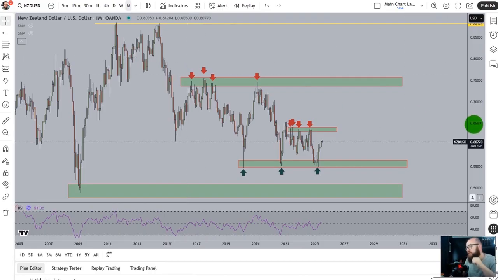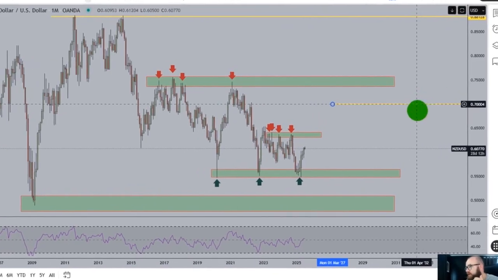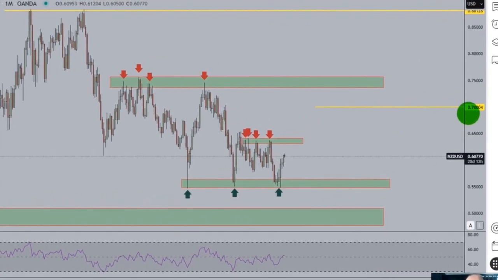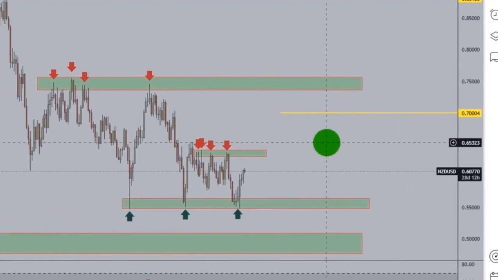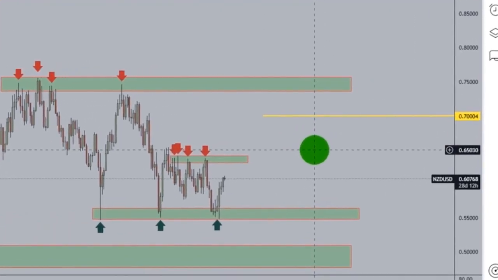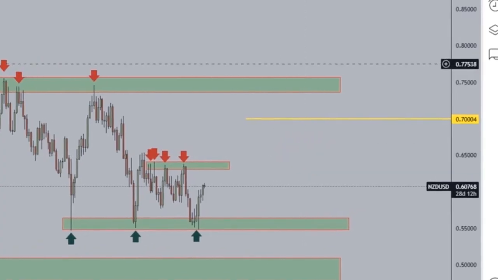So prices that are like 0.6000, 0.7000. So if I just demonstrate this, let's see if I can line it up. There we go. So 0.700000 is a psychological level. The same with 50000.